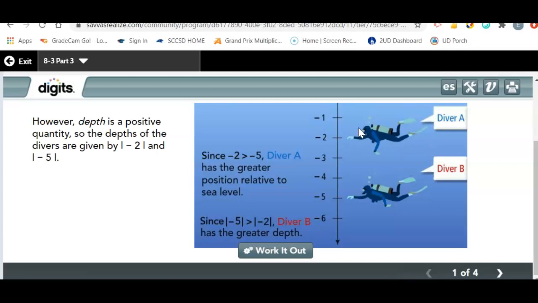Caitlin: -2. Driver B is at, Audrey? -5. So driver A has the greater position relative to sea level. Driver A is closer to sea level, a larger number.